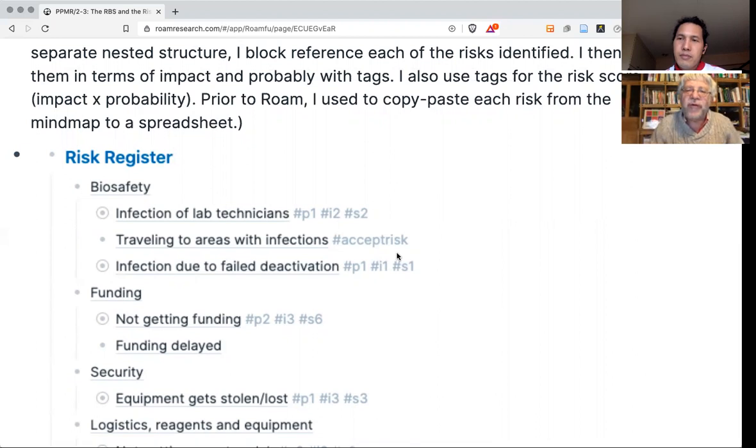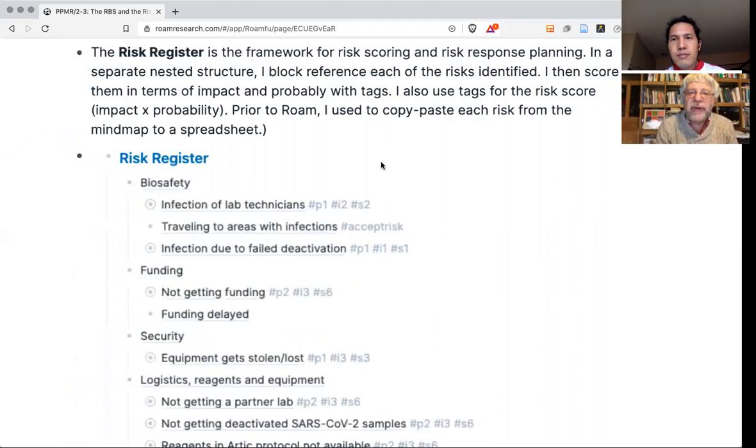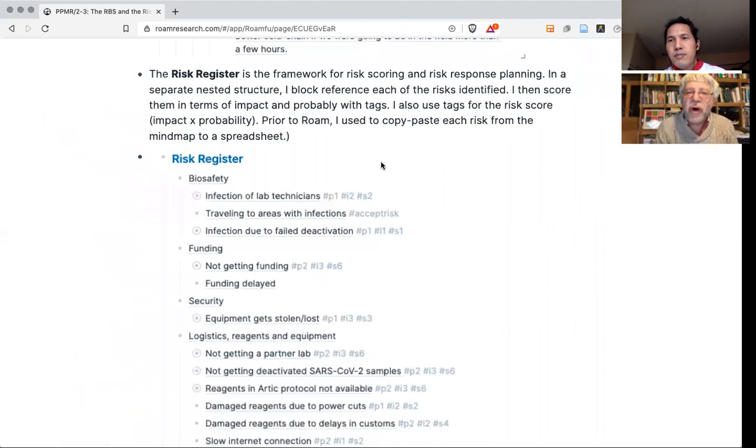Second question, is it a general rule for this, or is it your formula? In general, I've seen it's usually product, impact times probability. That's the most common thing I've seen.